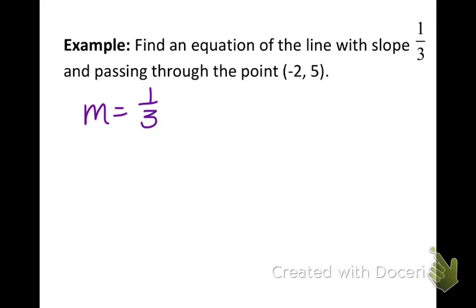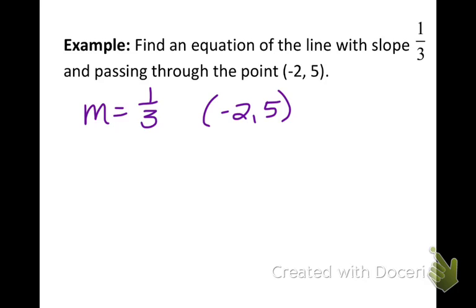And it needs to pass through the point (-2, 5). So I have a point and I have a slope. So which form do you think we should use? Probably a good idea, huh, guys? Point slope form is going to be our best course of action.